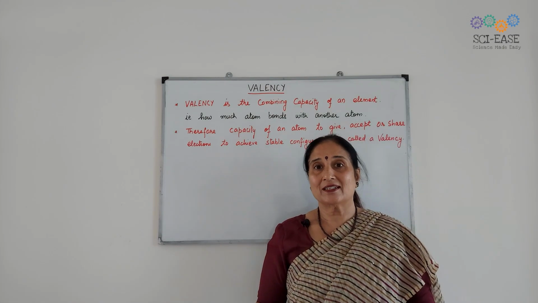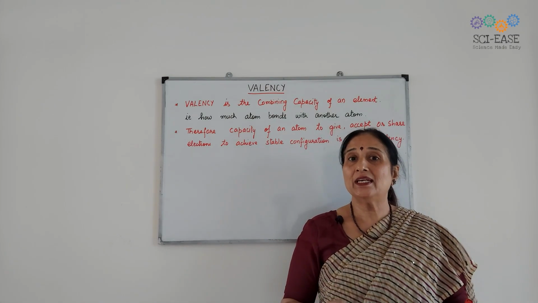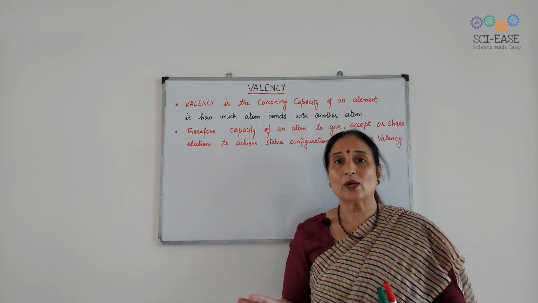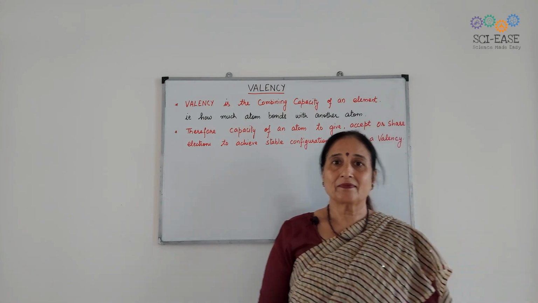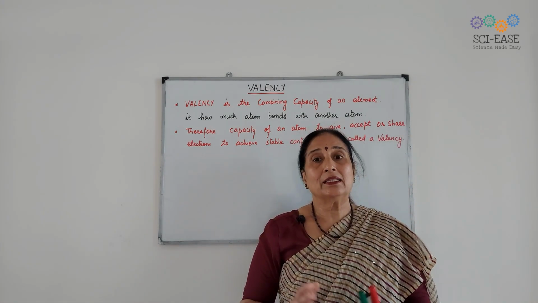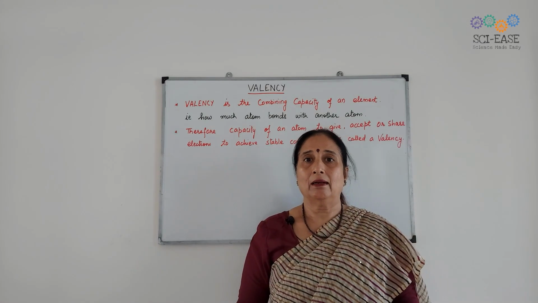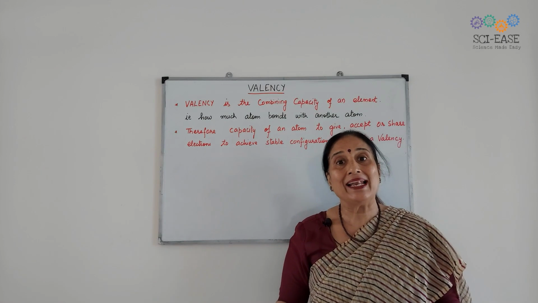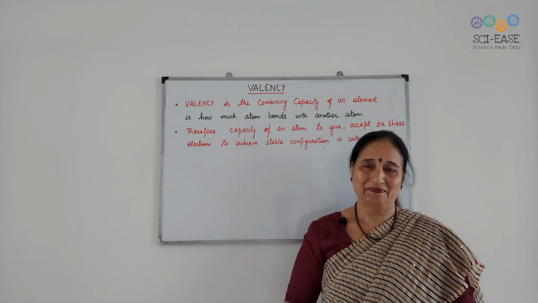You have learned how we arrange electrons in the orbits or shells. The electrons which are present in the outermost shell or orbit are known as valence electrons.